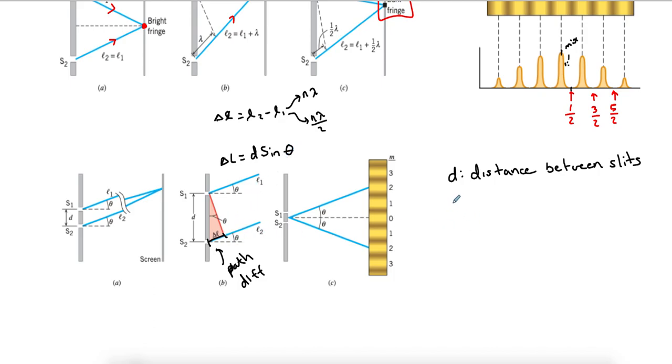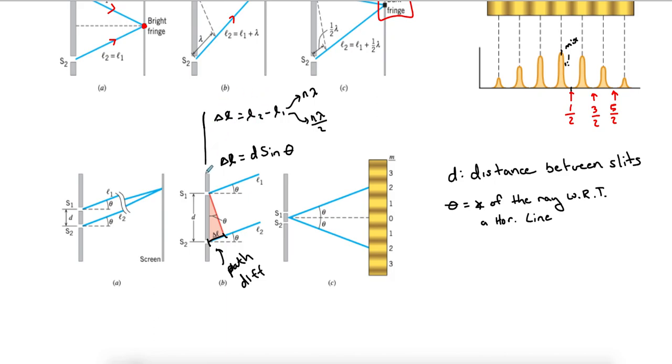And theta, we can define that, is the angle of the ray with respect to a horizontal line to the surface. All right, so we should actually write that as a script.